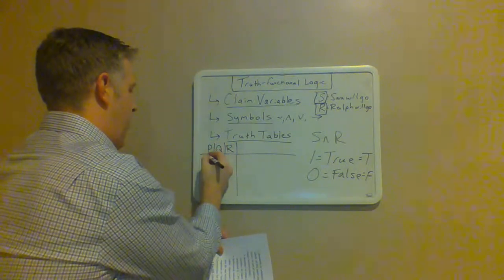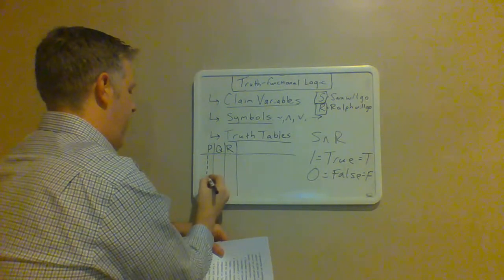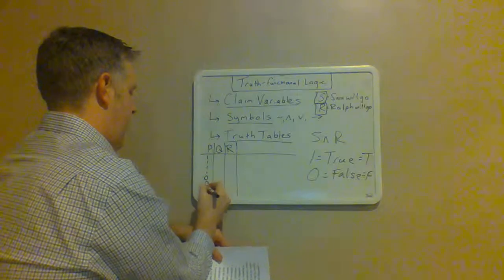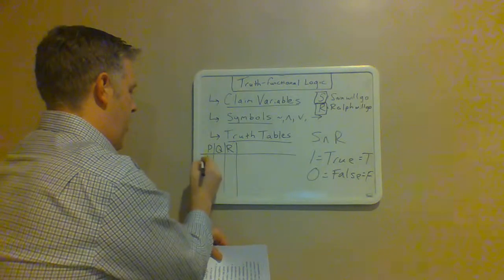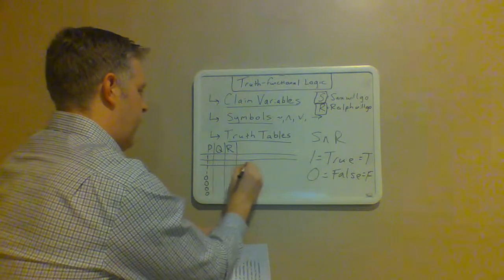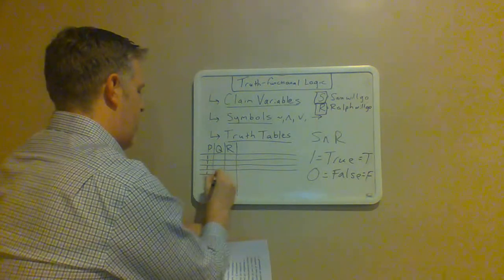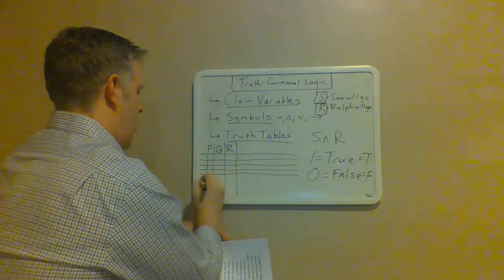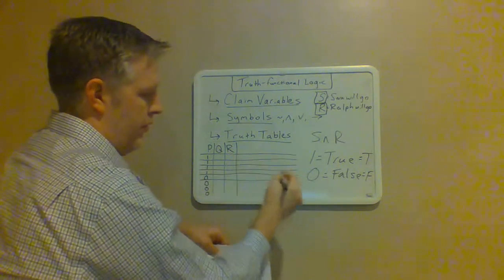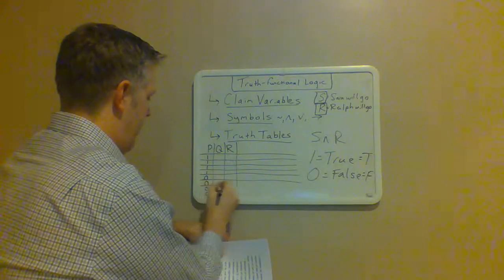I'm going to start with 4 trues and then 4 falses. Honestly, I always try to be as neat as possible, so if you're doing this freehand, I would encourage you to draw lines too, so you keep all these in order. Otherwise, especially if your handwriting slopes, this can get really messy.